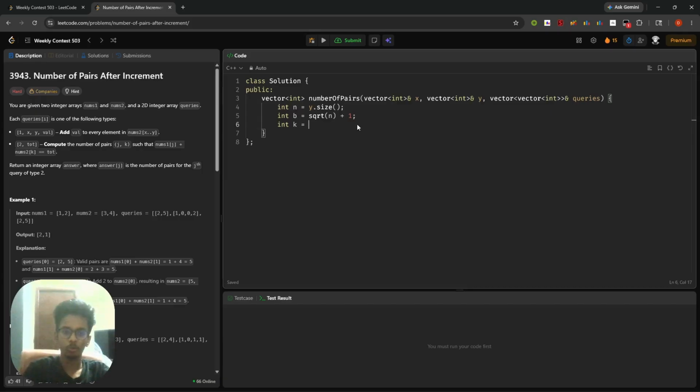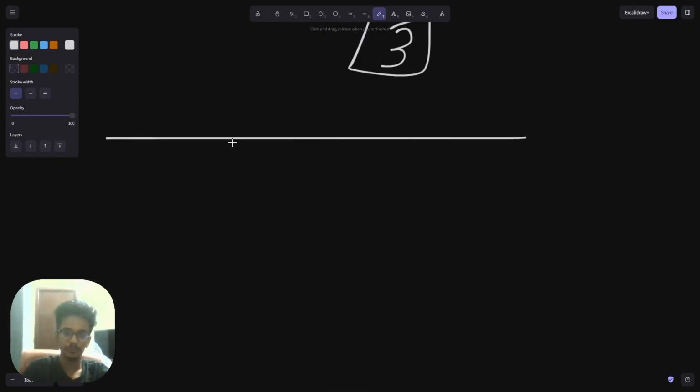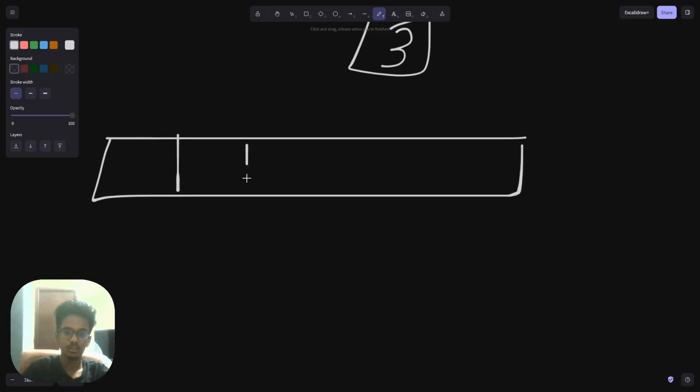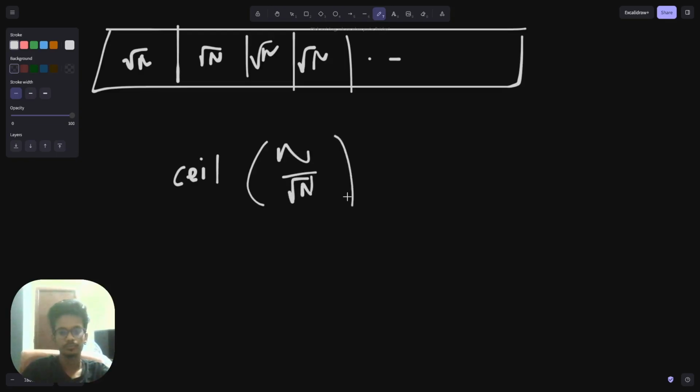So k is the number of blocks. How many blocks can you split it into? If each block is of size root n, there would be ceil of n by root n blocks.